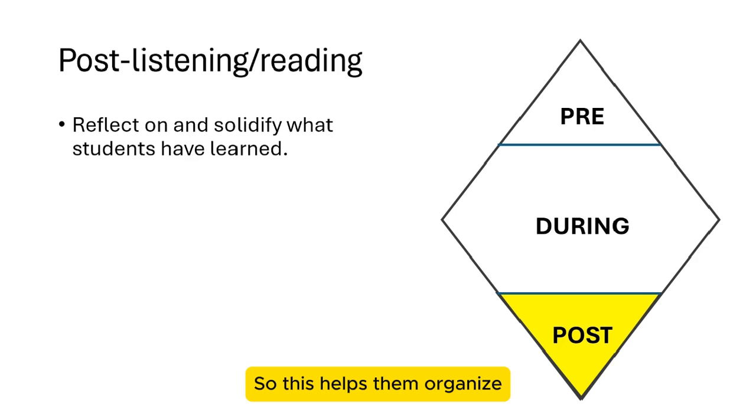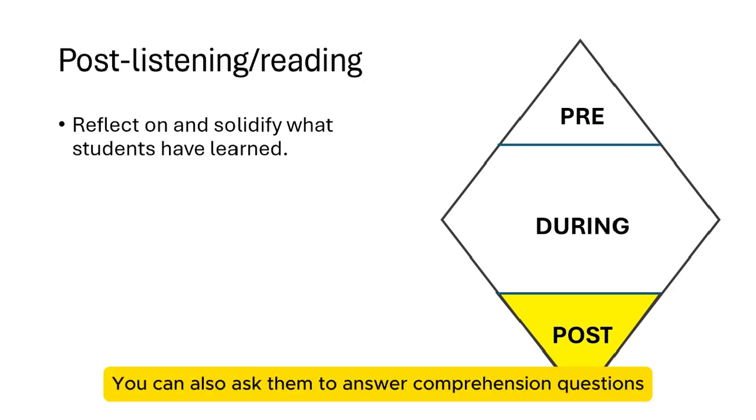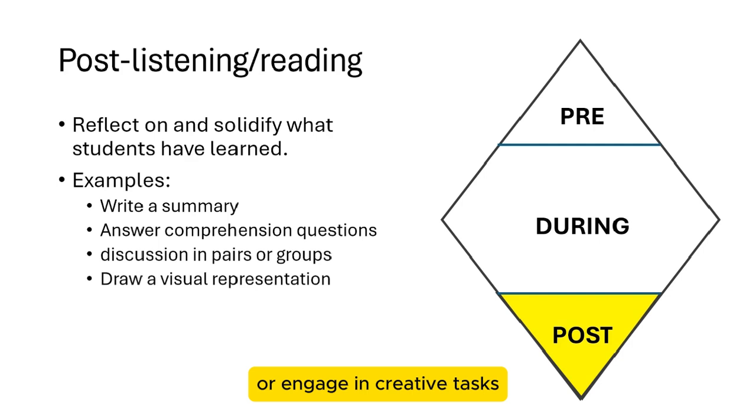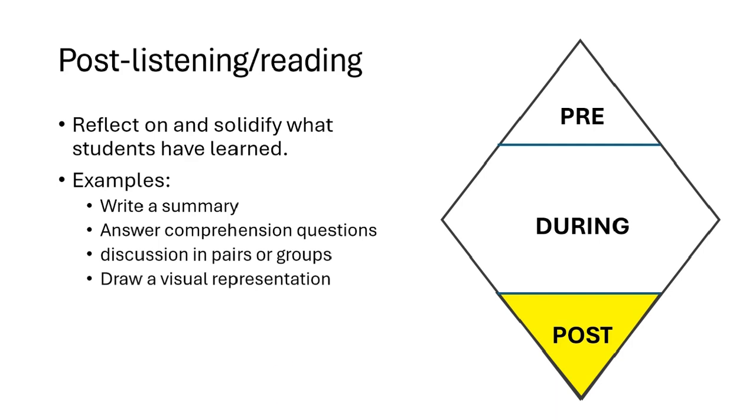So, this helps them organize the information in their minds and ensures they have grasped the key points. You can also ask them to answer comprehension questions, discuss their thoughts in pairs or groups, or engage in creative tasks like drawing or visual representation of what they've learned.